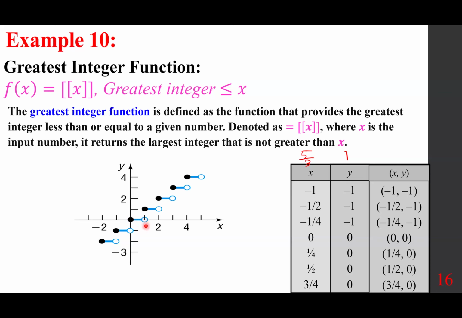The moment you hit 1, 1 gives you 1. And any number between 1 and 2 is equal to 1, except 2 is equal to 2. Any number between 2 and 3 is equal to 2, except 3, which is equal to 3, and so forth. That's the meaning of the greatest integer function. You come across them sometimes. They have applications.